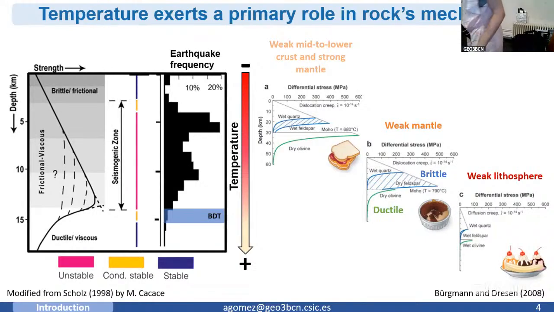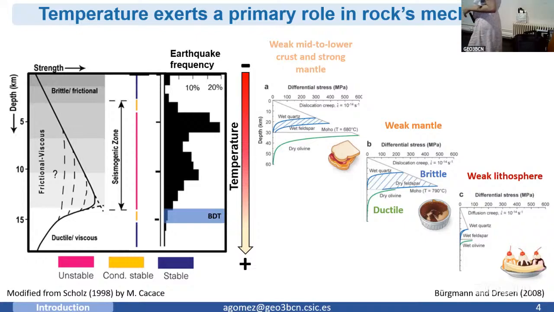mechanics. So in this diagram, you can see the seismogenic zone defined in the upper part by the brittle behavior of rocks, meaning that the rocks can actually fracture and develop earthquakes. And in the lowermost part, we have the transition to more ductile behavior, meaning that the rocks will deform in a different way.